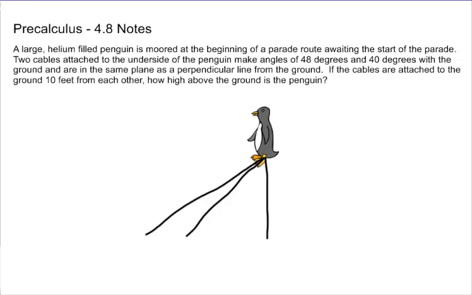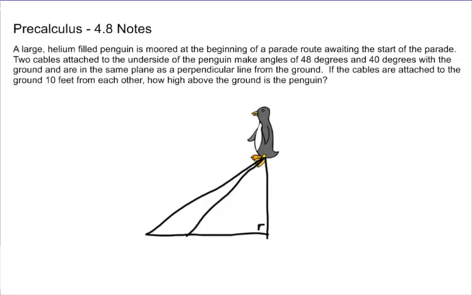Okay. If the cables are attached to the ground 10 feet from each other, how high above the ground is the penguin? Well, we've got another right triangle here. And so what we're going to do is use some right triangle trig. They tell us the two attached cables make angles of 48 degrees and 40 degrees with the ground.